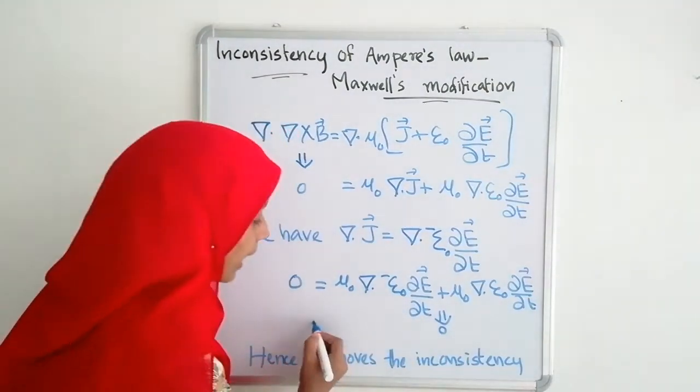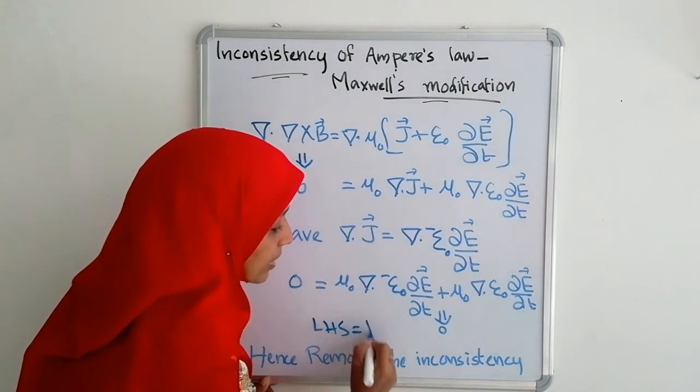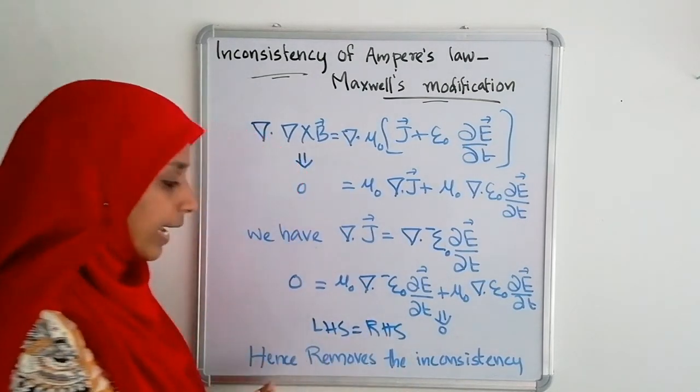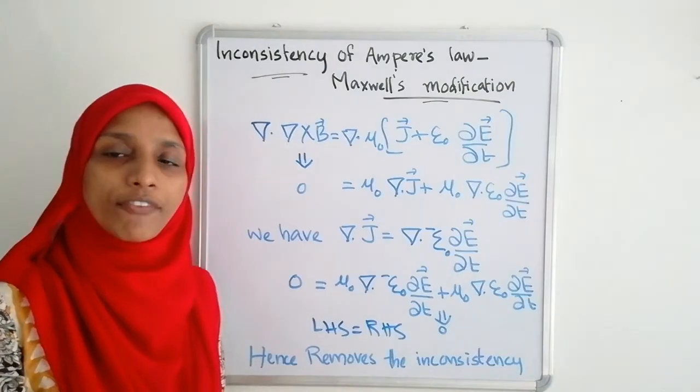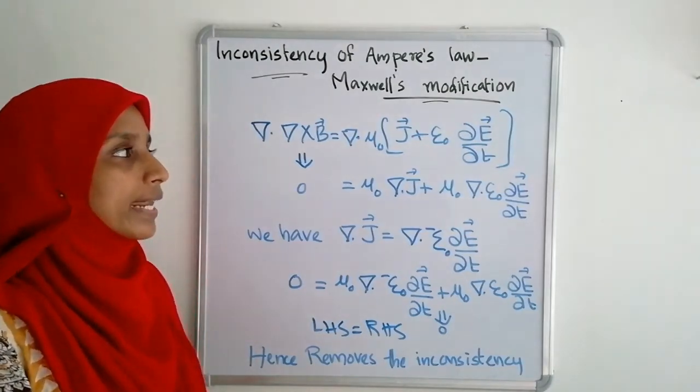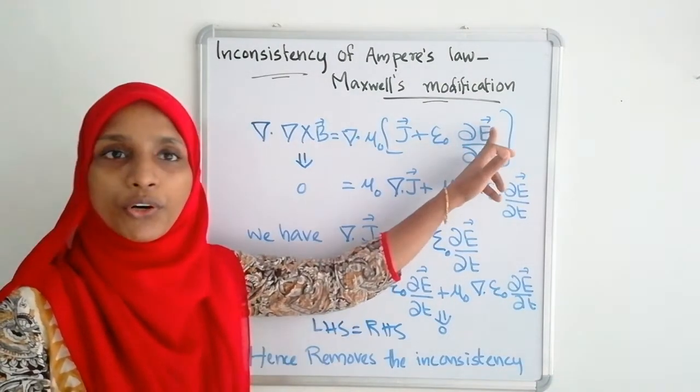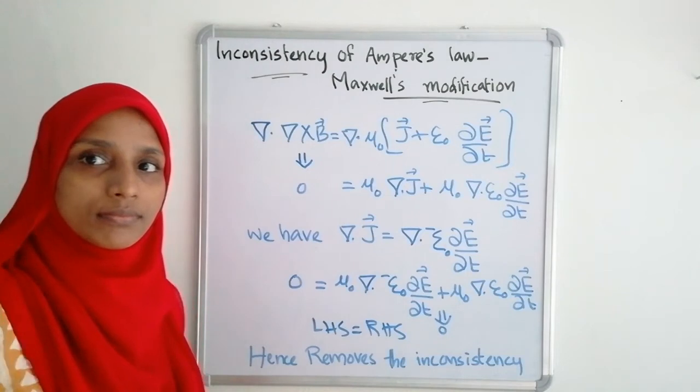Thus we got LHS equal to RHS. Hence, we remove the inconsistency of Ampere's Circuital Law by adding the term epsilon 0 dou E by dou T.